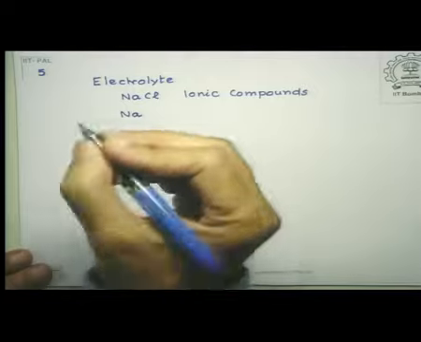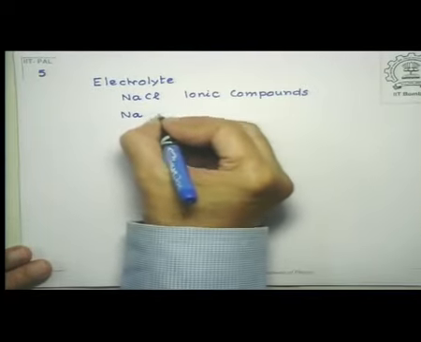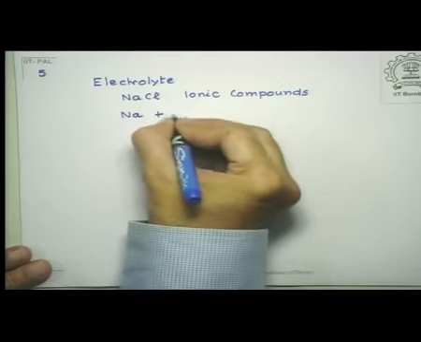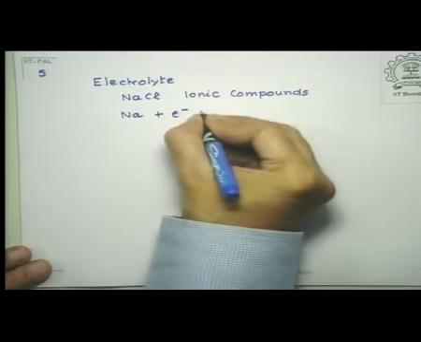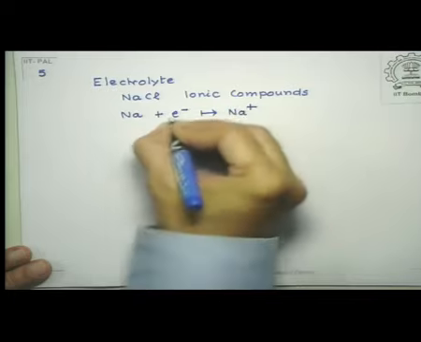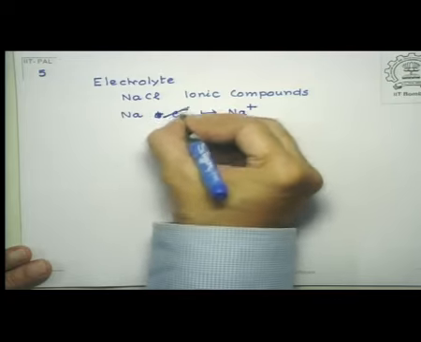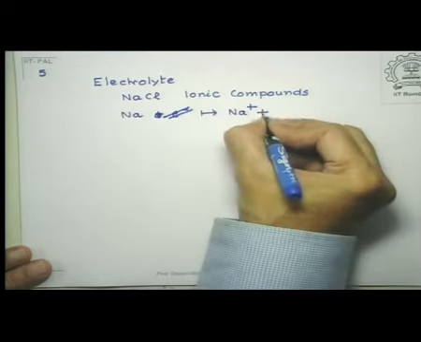So basically what happens is that it loses an electron and thereby becomes Na plus. So I should probably write it as Na minus electron gives Na plus and an electron.